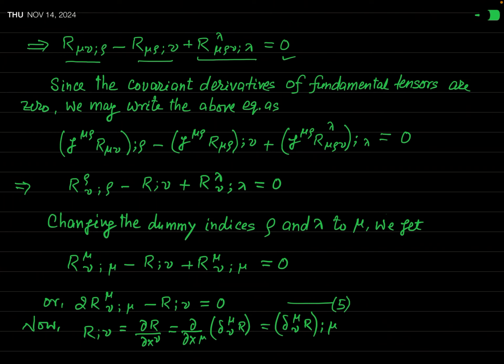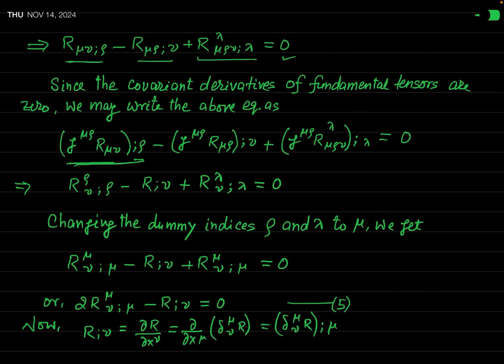This is g mu rho times R mu nu, and we take the covariant derivative of this with respect to rho. Since the covariant derivative of g mu rho will be 0, this term and this term are equal.